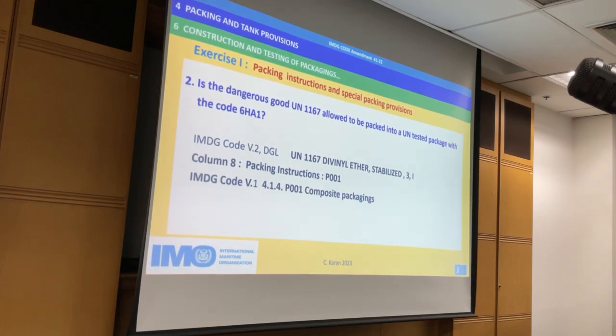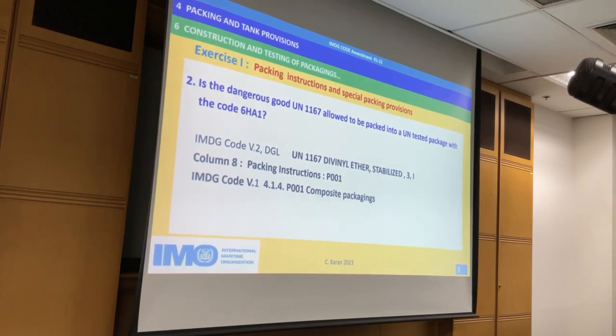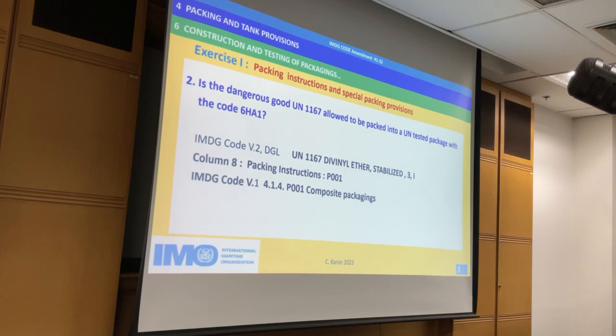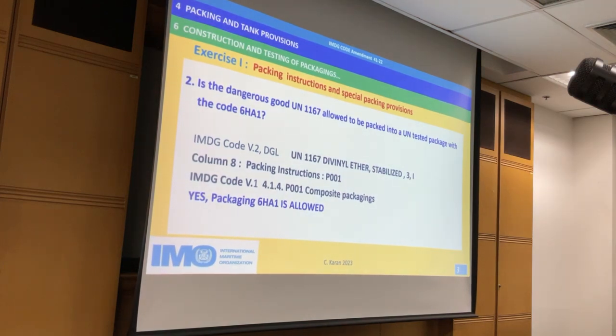Milk bottles, inside glass, outside plastic, bottles for fruit juices, etc. So they are all composite. Yes, packaging HA1 is allowed. We find that in the table.